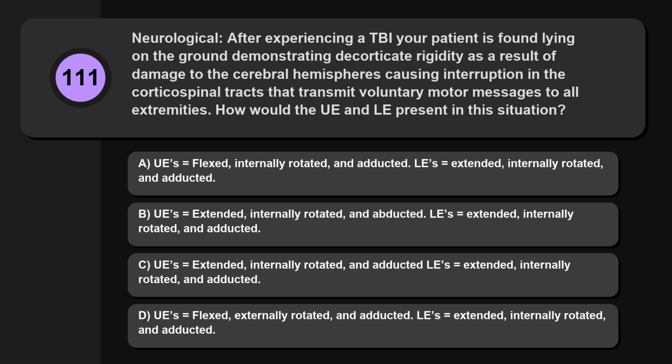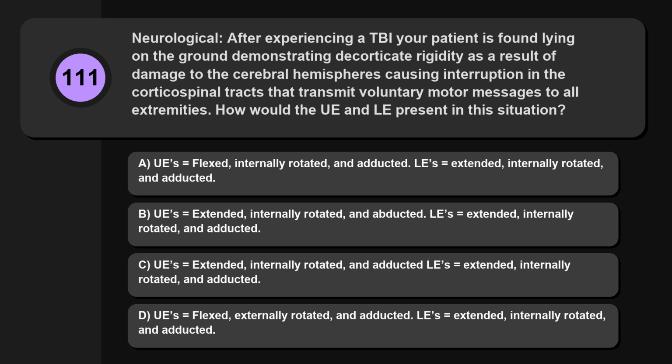Option B. UEs equals extended, internally rotated, and abducted. LEs equals extended, internally rotated, and adducted. Option C. UEs equals extended, internally rotated, and adducted. LEs equals extended, internally rotated, and adducted. Option D. UEs equals flexed, externally rotated, and adducted. LEs equals extended, internally rotated, and adducted.